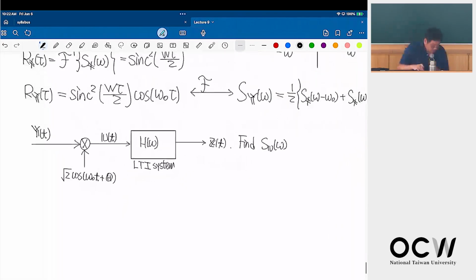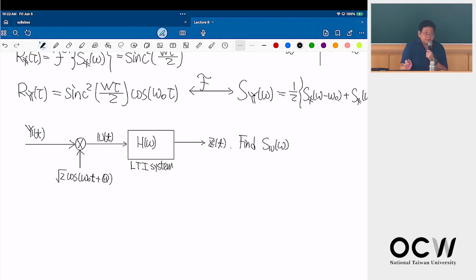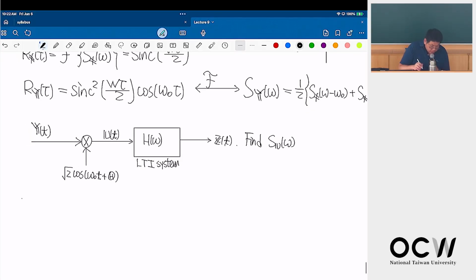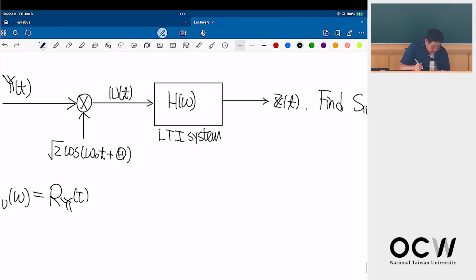So to find the spectrum of u, we can find the autocorrelation of u. The autocorrelation of u is the autocorrelation of y times cosine omega naught tau. And then we take the Fourier transform to get the spectrum.